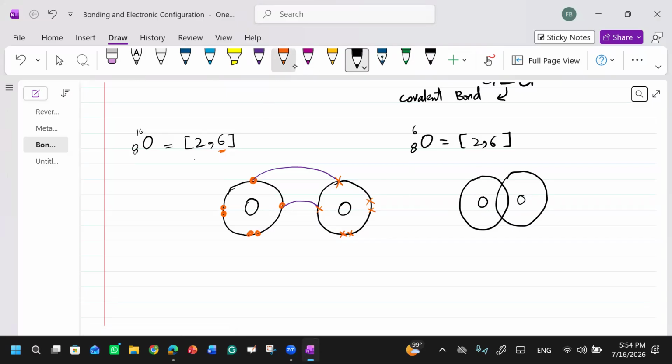Now in this intersection area, how many will you show? You will show this dot, then cross, then this dot, then this cross. There are 4. I hope you are clear with this. All the others are in the same position, like this and like this. Clear? Now this is the covalent bonding, right?